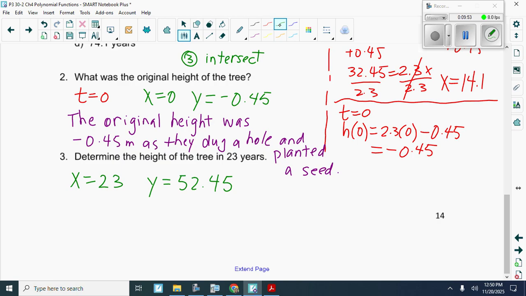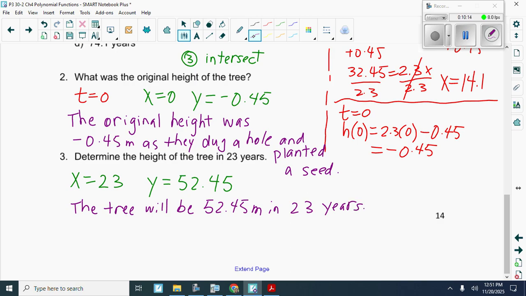But for all of these, yes, you need a sentence answer, so I will try to be a better model with putting in our sentence answers. So the tree will be 52.45 meters in 23 years. Make sure you include units, full sentence answer to get full marks.